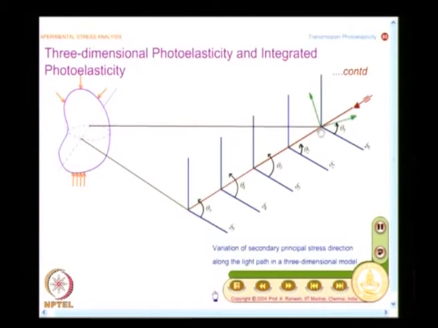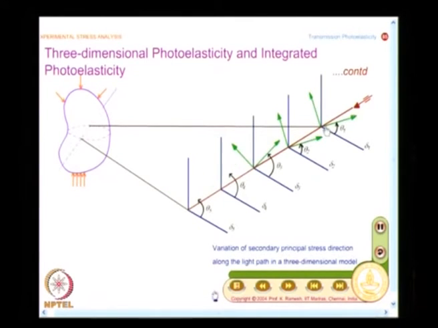So, now I have a series of retarders along the light path, and we have always seen each retarder can be represented by the retardation delta and its orientation theta. In a 2-dimensional problem, you had only one plane. So, whatever fringe patterns you observed, you could relate it to theta as well as delta without any difficulty.